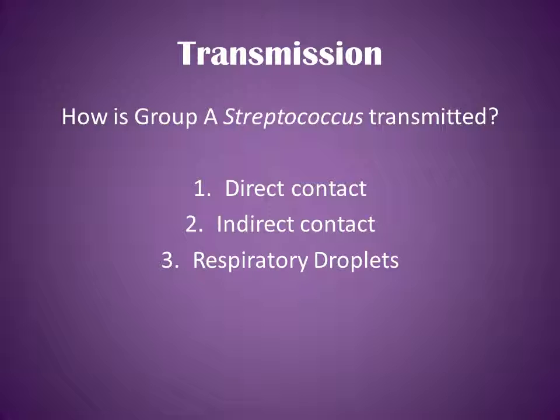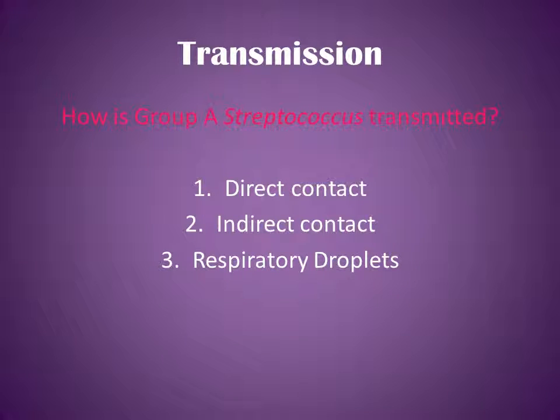Now that you have a little bit of background on Streptococcus pyogenes, as well as an understanding of the traits that enhance it to cause disease, I will share with you how Streptococcus pyogenes is transmitted. There are 3 ways through which it can be transmitted. These include direct contact, indirect contact, and through respiratory droplets.